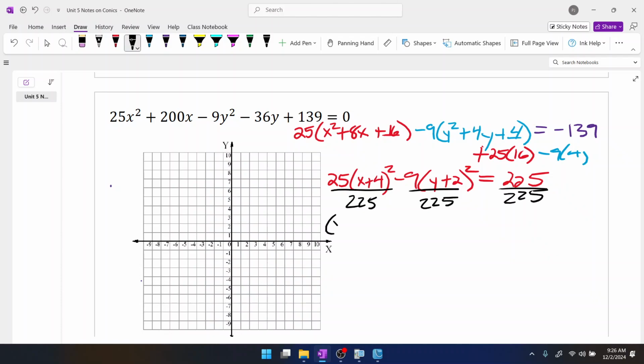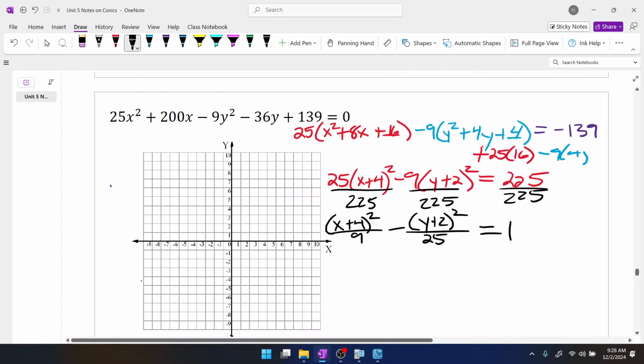So we literally have x plus 4 quantity squared over 9 minus y plus 2 quantity squared over 25 equaling 1. So this is going to have a horizontal major axis. Let you figure out the rest of this.